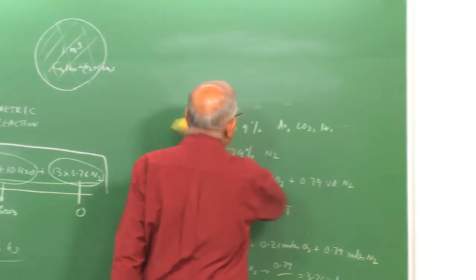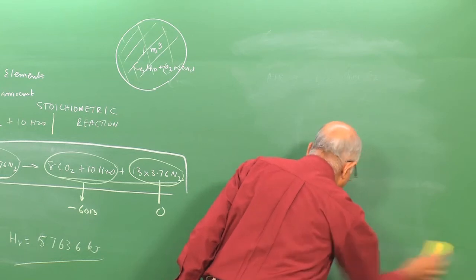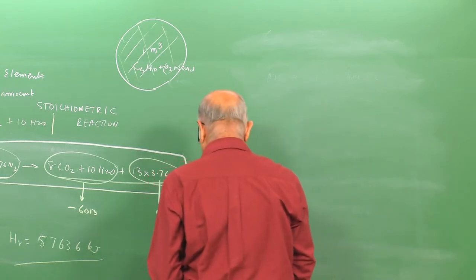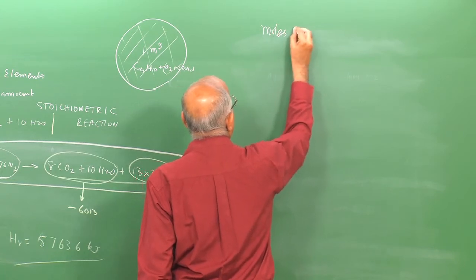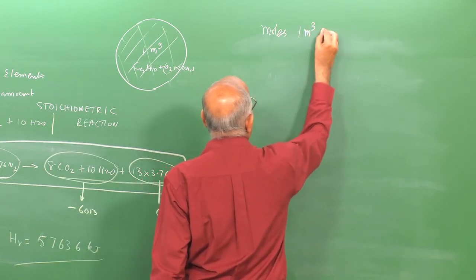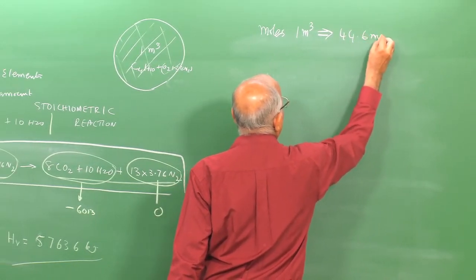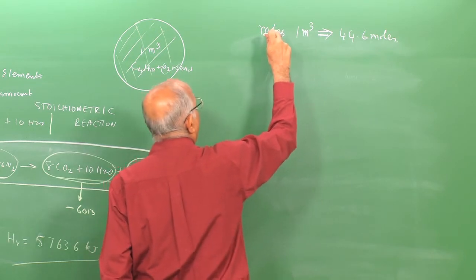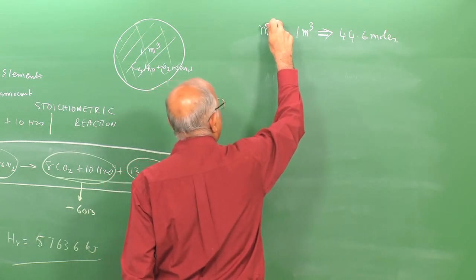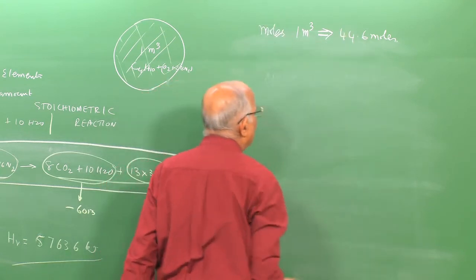For 1 meter cube, the number of moles is the same as earlier: the number of moles of reactant in 1 meter cube is 44.6 moles. You will recall that one mole at standard temperature and pressure has a volume of 22.4 liters, and therefore this was the value.